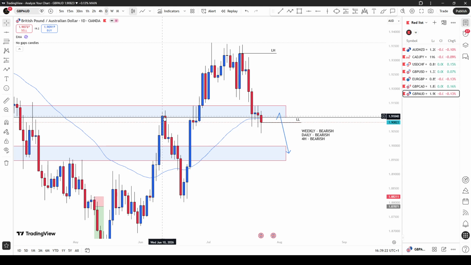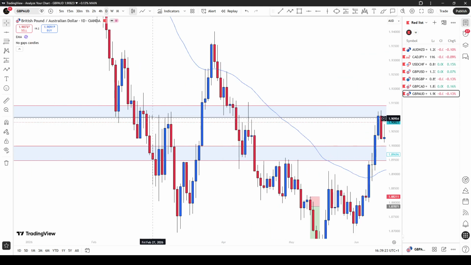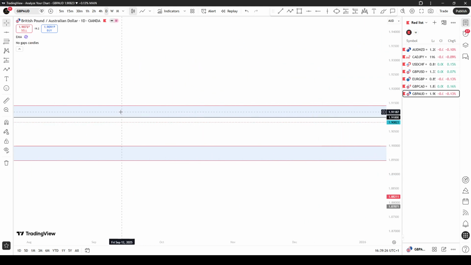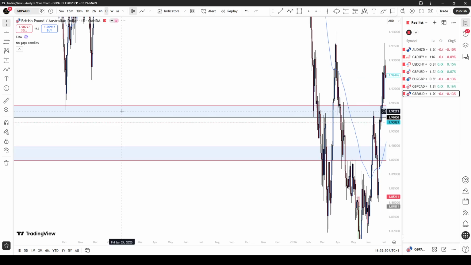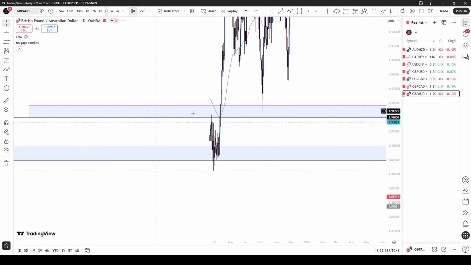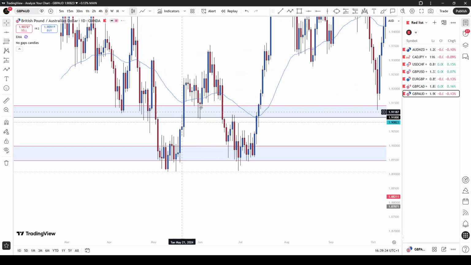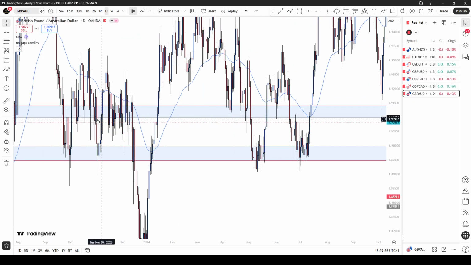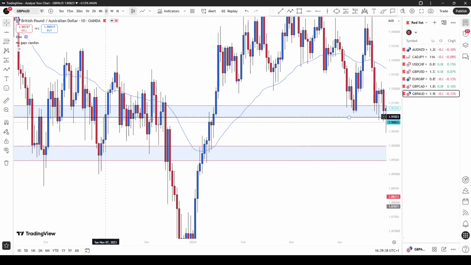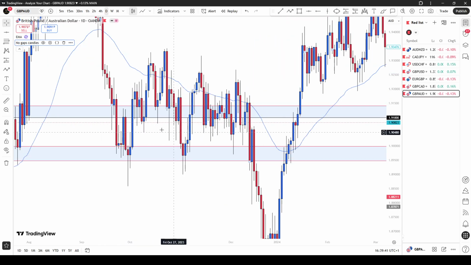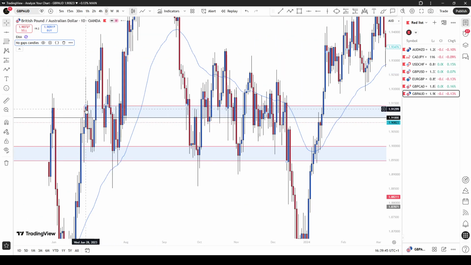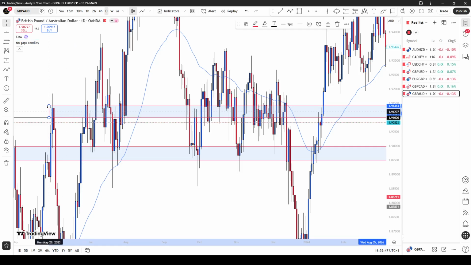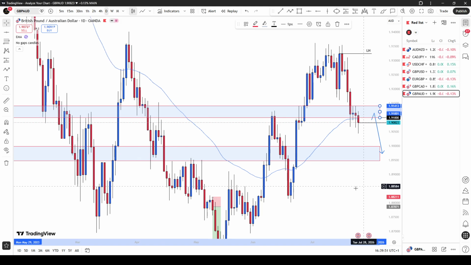We use it as resistance and support. All these places are supports. It's a bit choppy, but you can see support here and resistance here. It's a very strong zone, and right now we are under.